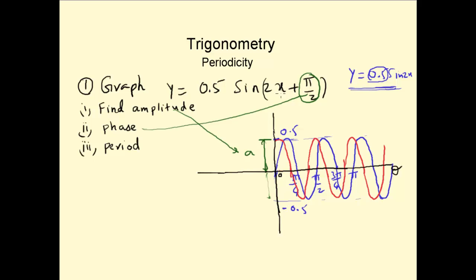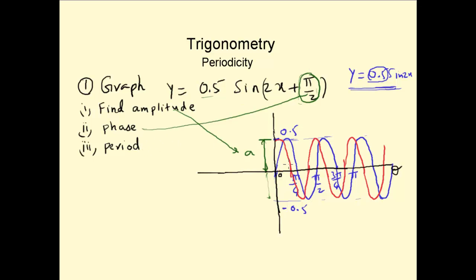Normally sine 2x starts at 0, but sine 2x plus pi by 2 starts at 0.5, or for sine 2x plus pi, there is no 0.5, it starts at 1. That means it already had some value to it, and that is the phase lag, a delay or leading or lagging, which is pi by 2. So that is the phase, this number here.